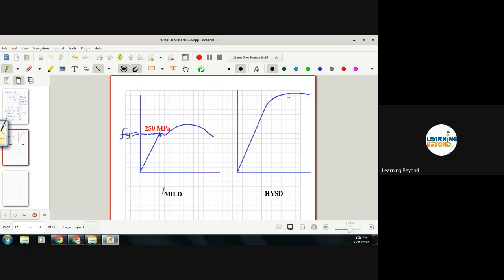Let's say somewhere here, they mark the strain values. This is your epsilon, meaning strain, and this is your stress. Corresponding to 0.002 or 0.2% strain.